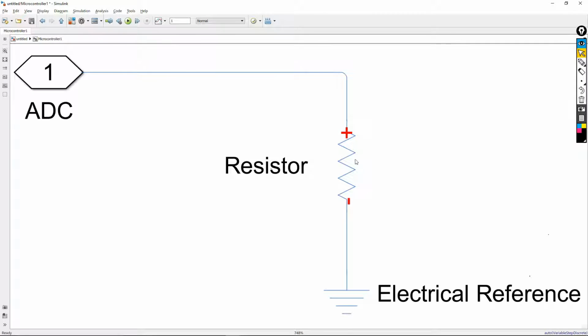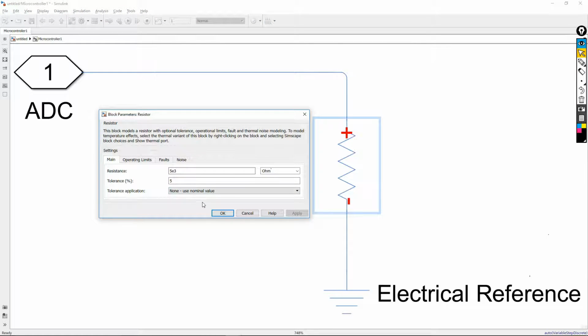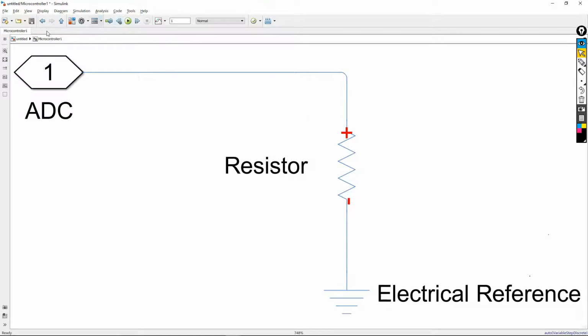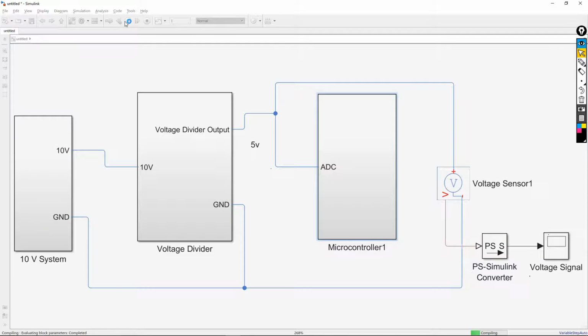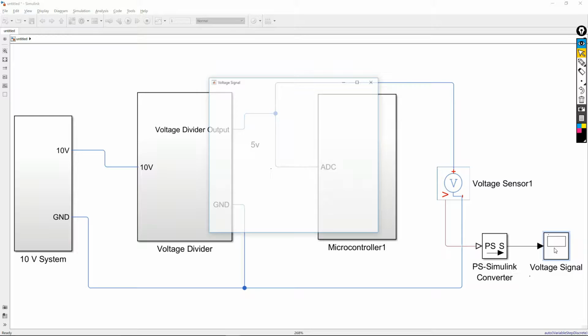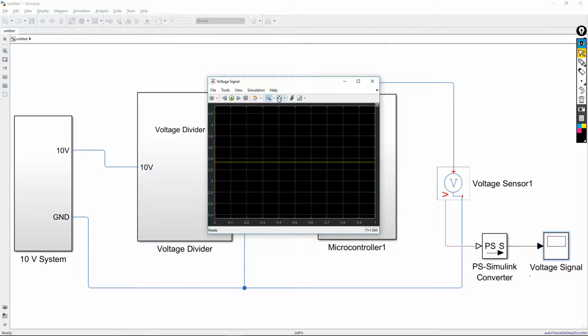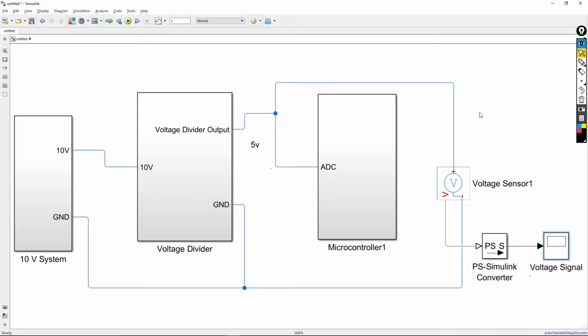In this case, I have made this resistor connected to ground, and I have made the value 5 kilo ohm. So now, if I go back and run the simulation, I will see that I'm no longer getting the 5 volt output, and rather getting around a 3.3 volt signal. Let's see what's the problem with this circuit now.